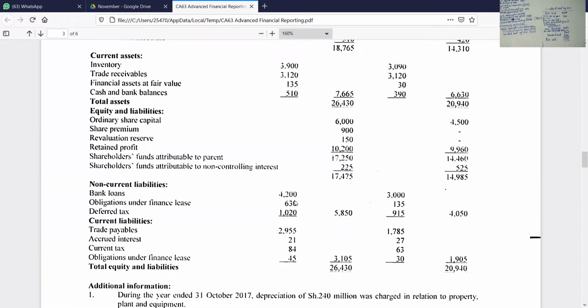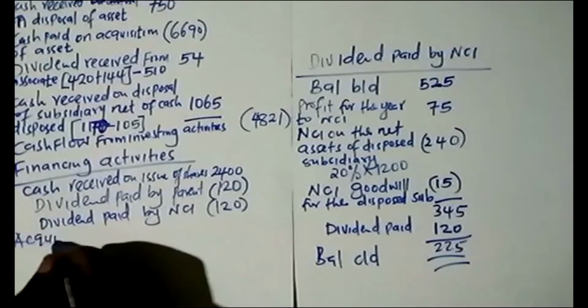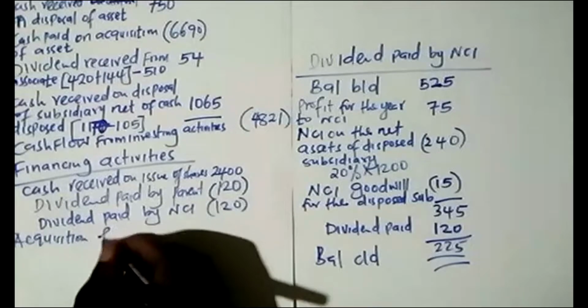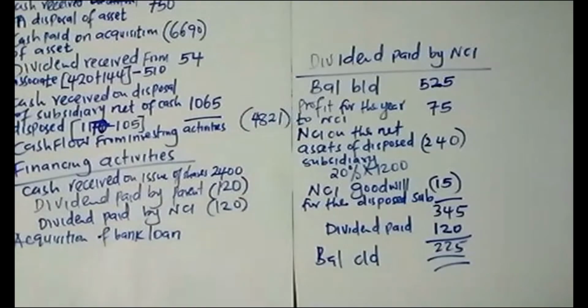Then we compare with 4,200, which means that again it increased, so there was an acquisition. At the end here, you can see the bank loan is 4,200, so it increased by 1,800. It means that they acquired another bank loan. So we have an acquisition of bank loan.